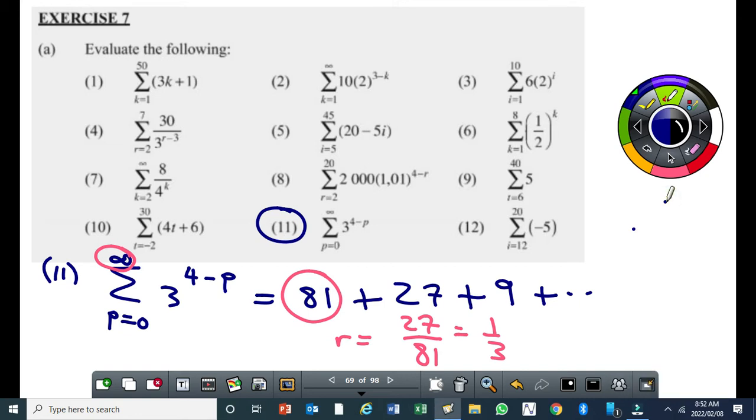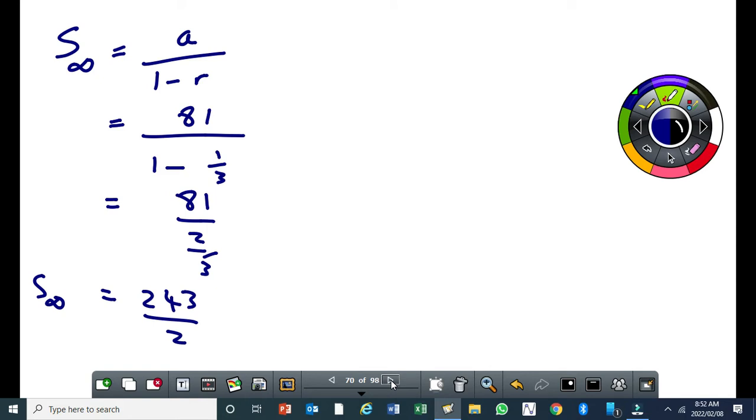I'm sure you can see that it's not difficult. Yeah, it's very easy.